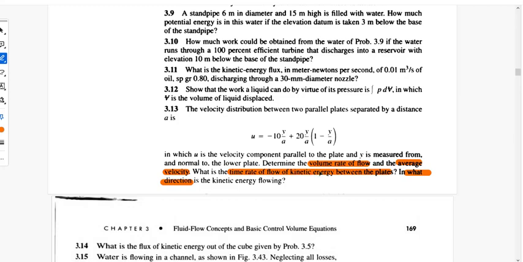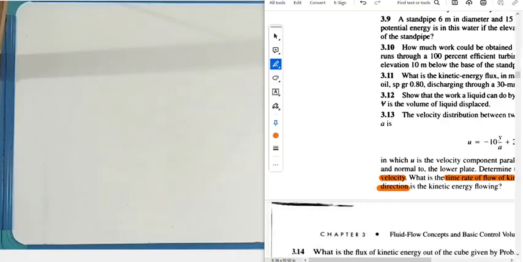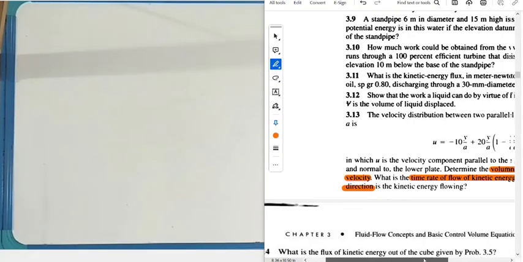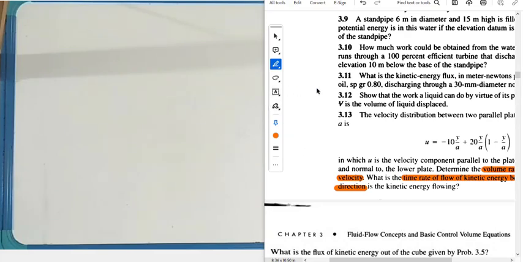So determine the volume rate of flow and the average velocity, and then what is the time rate of flow of kinetic energy between the plates. And then we should make it obvious in what direction the kinetic energy is flowing. Okay, let's get started and work on it.